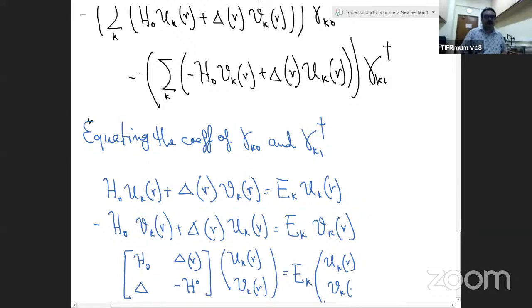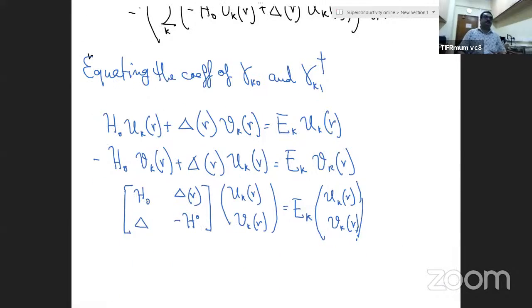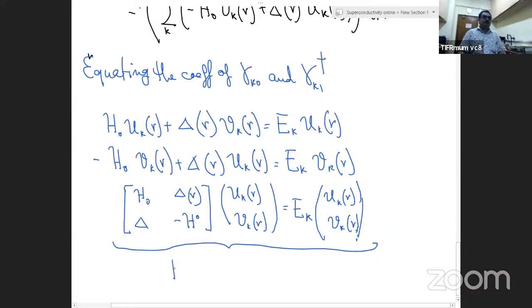So this is your eigenvalue equation where your wave function is not given by one element, but the wave function now is a 2 by 1 matrix, a column matrix with two elements here. So this is what is the Bogoliubov-de Gennes equation.